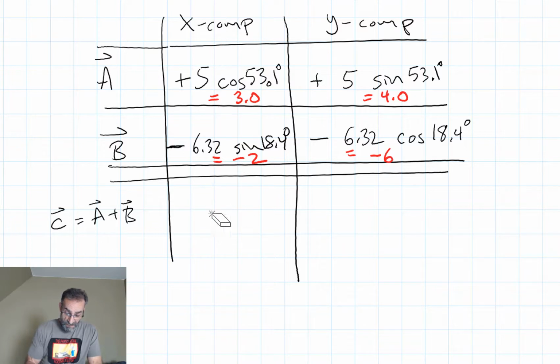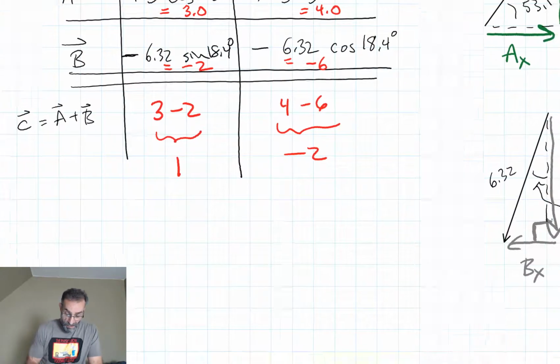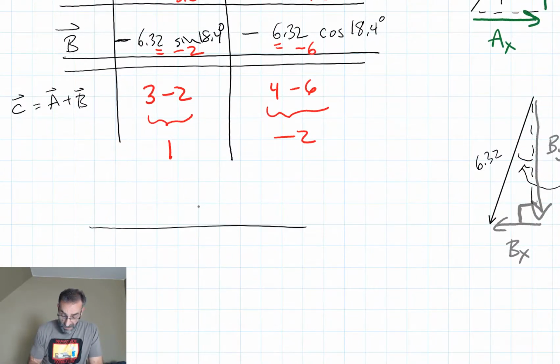The x components, I've got 3 minus 2, 1. The y components, I've got 4 minus 6, negative 2. So I can draw my vector is going to have an x component of 1 and a y component of -2.